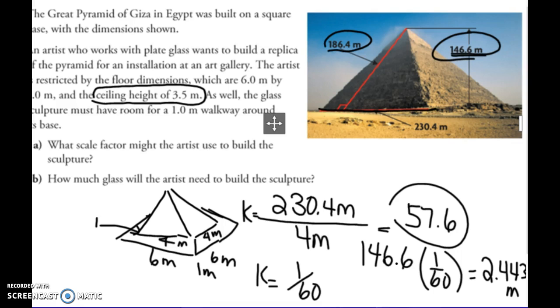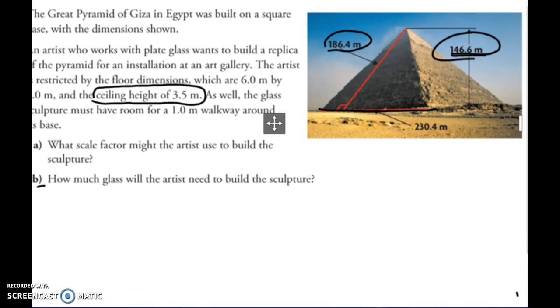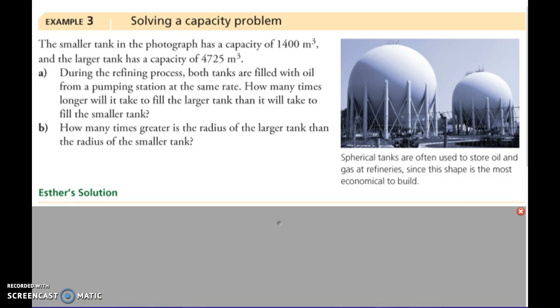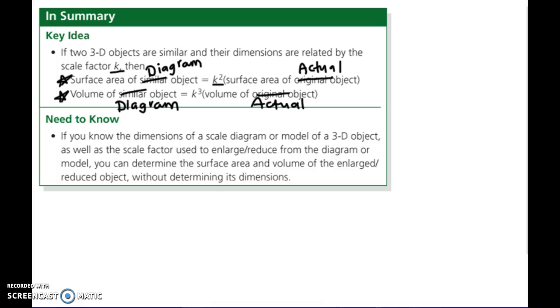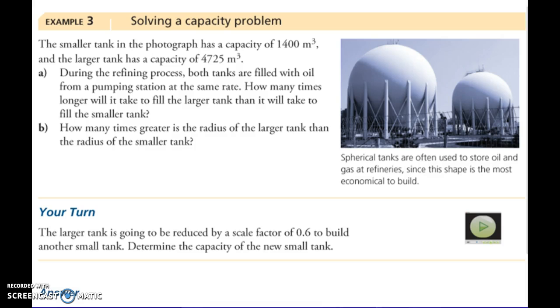Okay, and our last question, so we need to find out how much glass is being used. So we will use our formulas. Surface area of the diagram is equal to scale factor squared times the surface area of the actual. Okay?